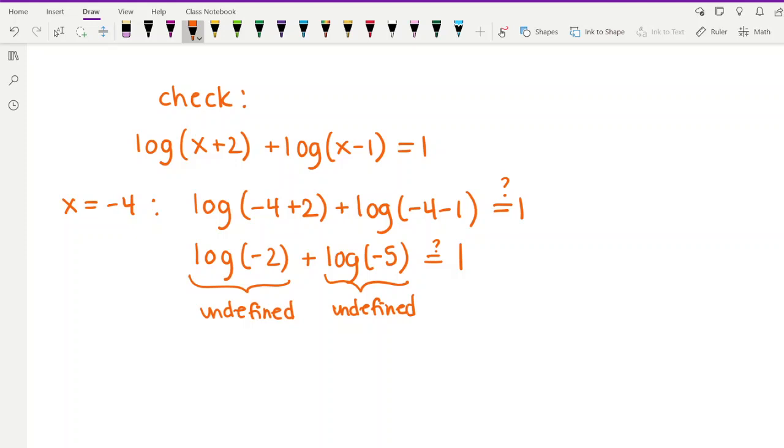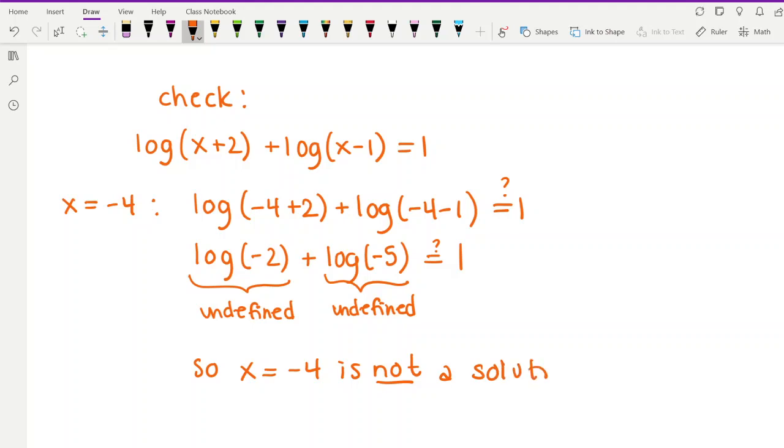You can't raise 10 to a power and get -2 as your answer. That just doesn't work. Similarly, the second one would be asking what power you need to raise 10 to get -5. Again, that doesn't make sense. And so what this tells us is that x is equal to -4 is not actually a solution.